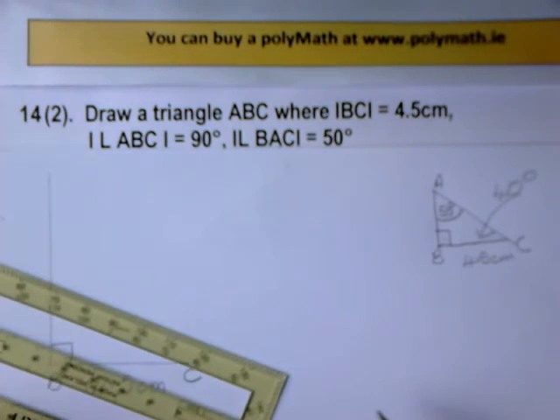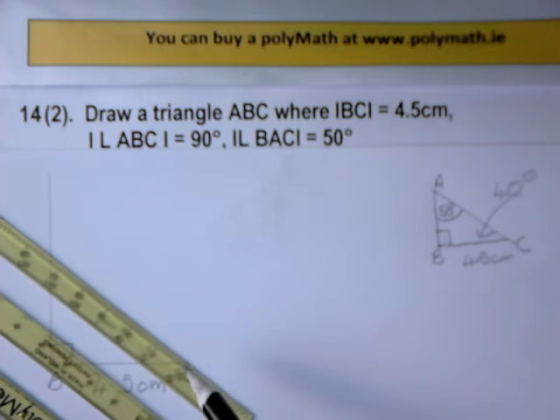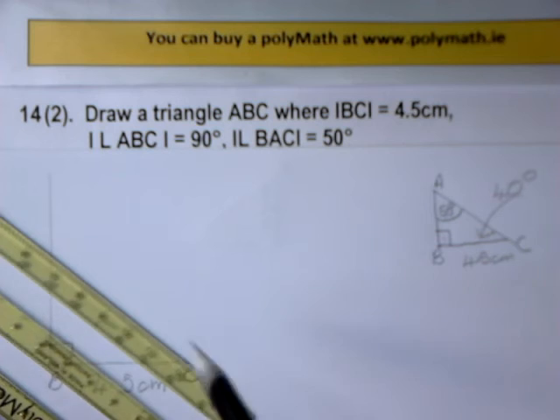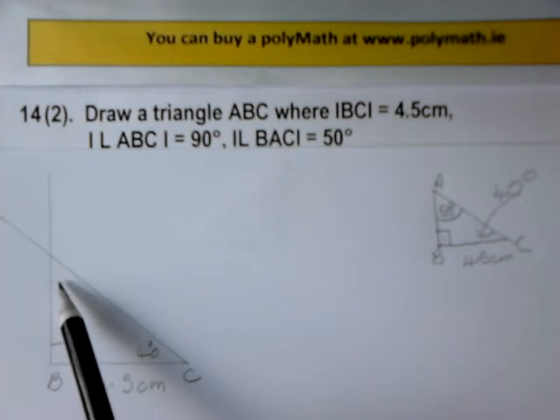Might be gone off the frame, but you can believe me that it's up there, and I'll join C to that dot up there. Now I made this angle 40, so automatically this one here has to be 50 degrees.